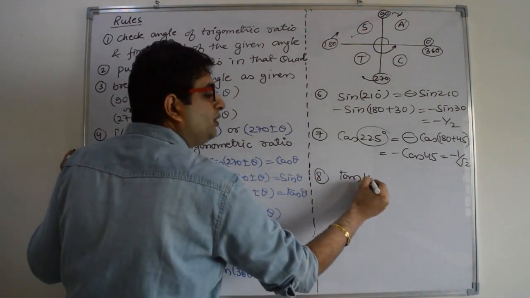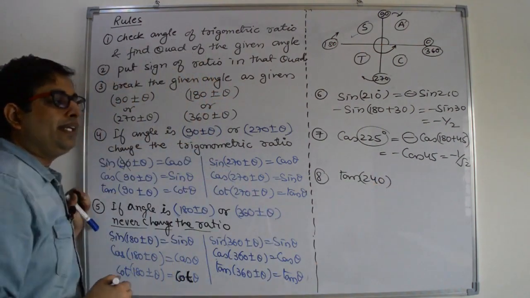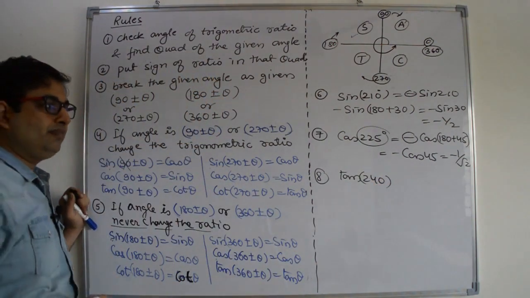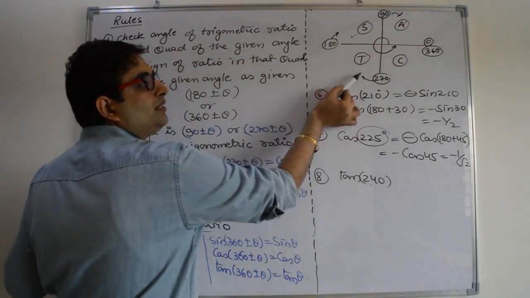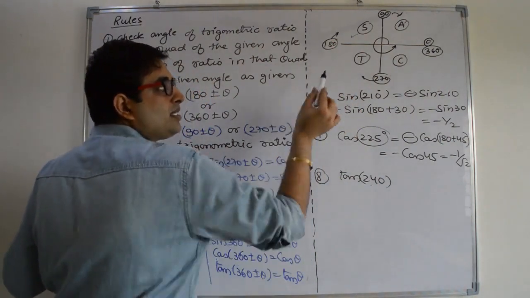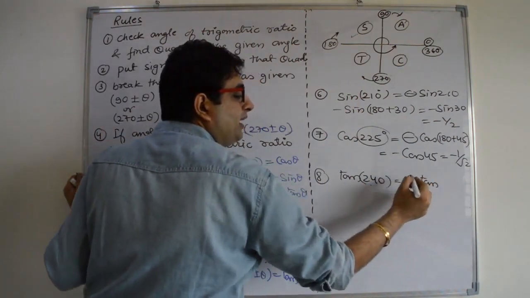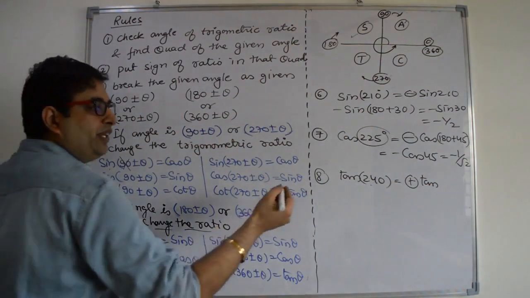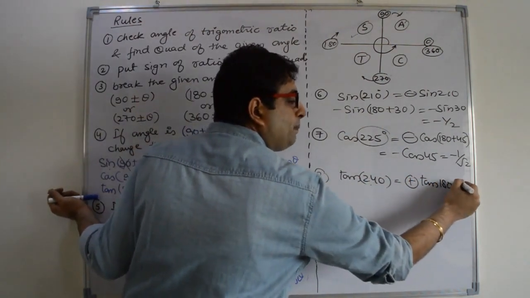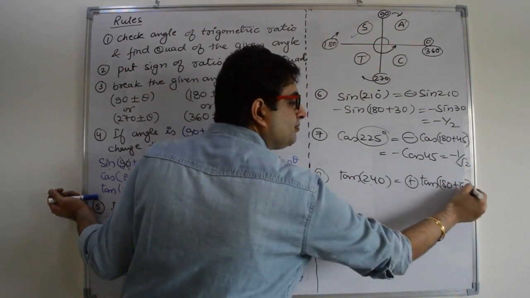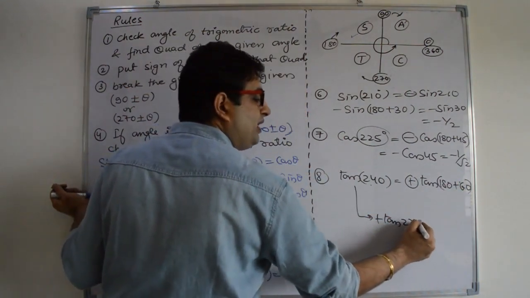Tan 240. Tan 240. Angle, quadrant third. Tan positive. Break the angle 240. You can write it as 180 plus 60, or we can write it as 270 minus 30.